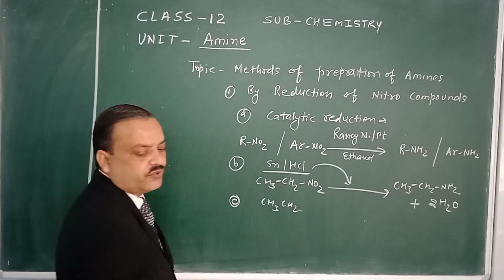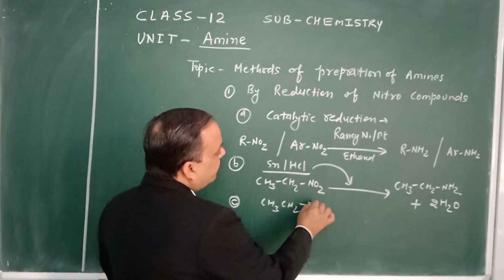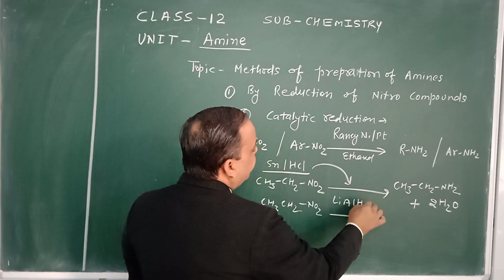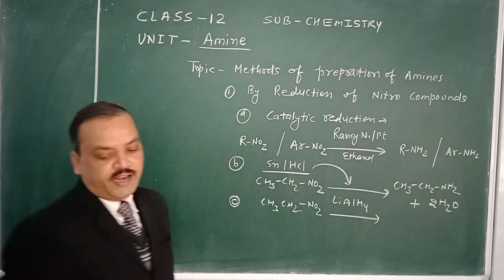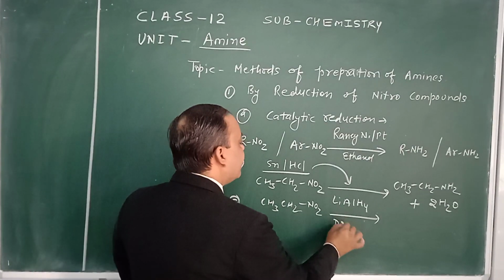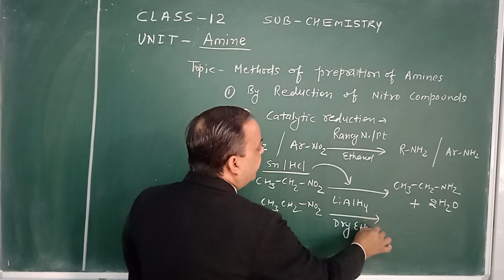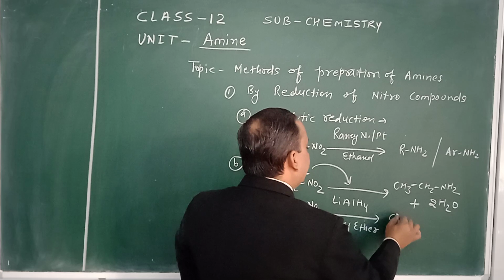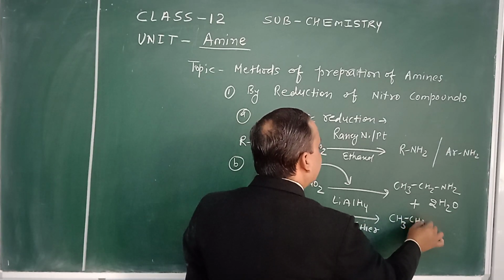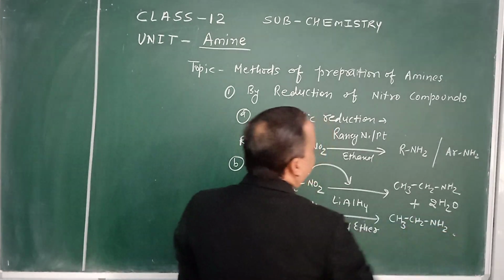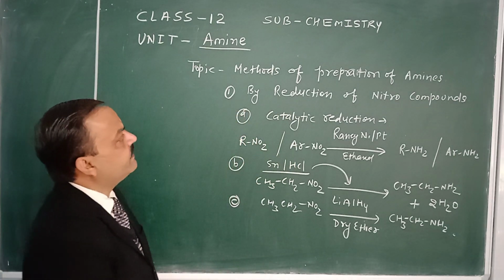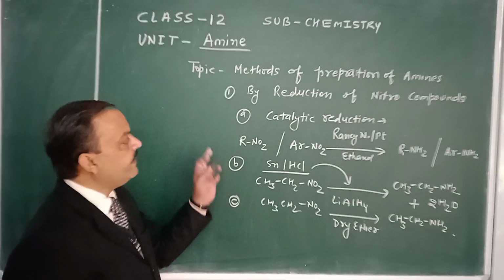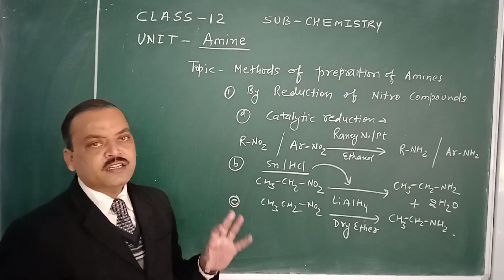CH3CH2NO2 in the presence of lithium aluminium hydride and dry ether gives the amine. So the first method is the reduction method, and in it we have three types of reduction processes.